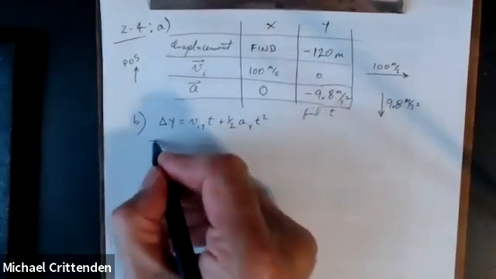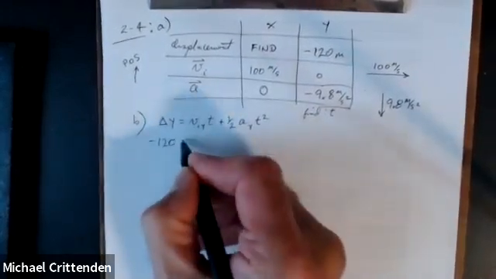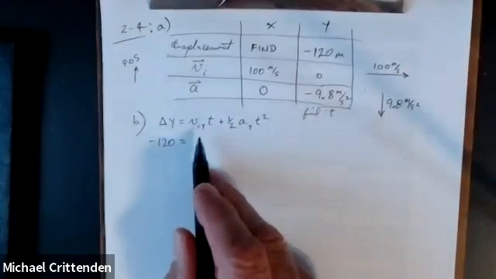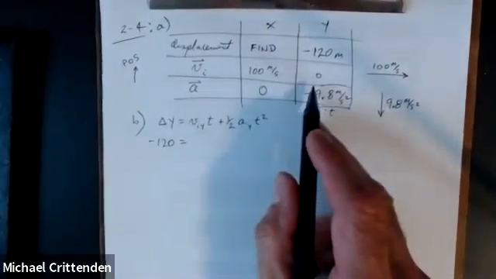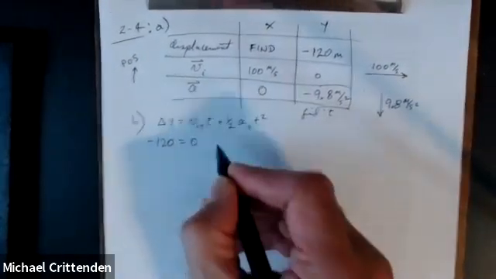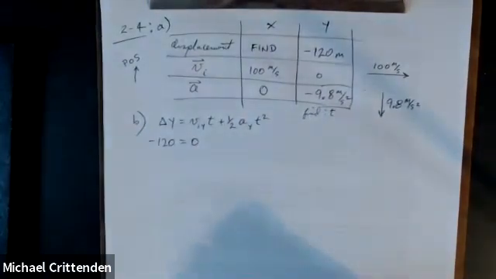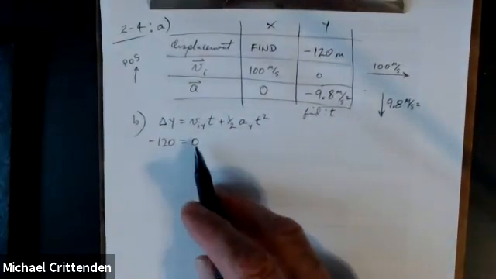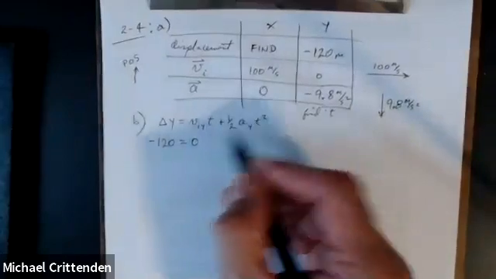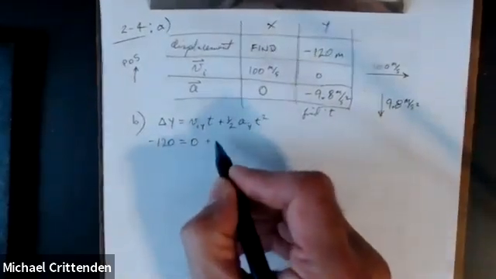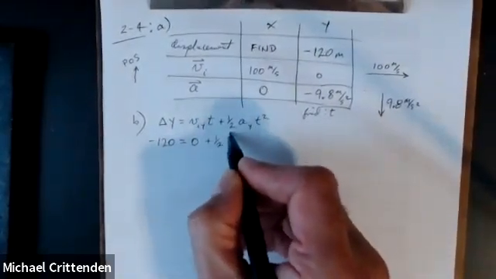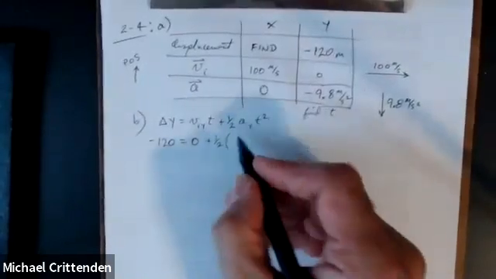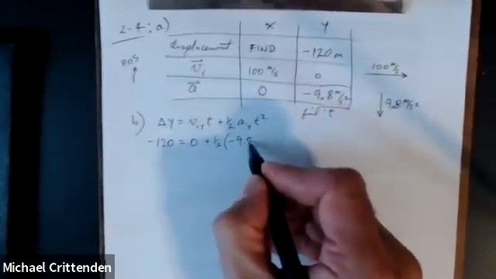Displacement, 120 downward. V initial, 0. 0 times t is still 0, so I'm not going to bother to write the times t part. Acceleration, negative 9.8.